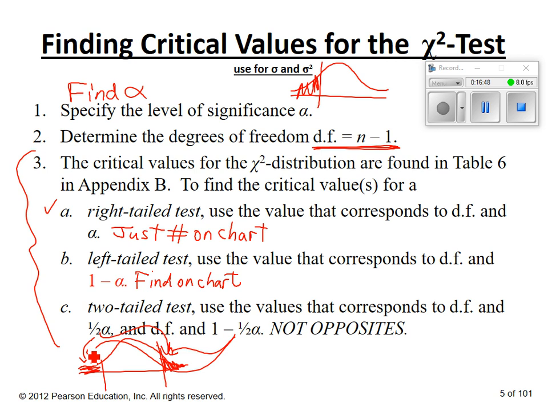So if alpha is 0.01, that would be 0.005. We're going to use that number and our degrees of freedom, and look up this critical value on the chart. And then we take this number, just like we did last time, and subtract it from 1, and we get 0.995, and we use that number and the degrees of freedom to find that.